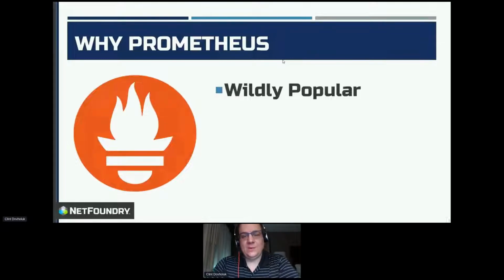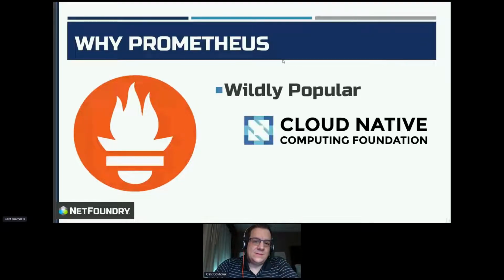So it's wildly popular. And one of the big reasons that it became wildly popular is because it's under the umbrella of the Cloud Native Computing Foundation, CNCF, which you've maybe heard of, but if you haven't, you should also check them out. It's all about open source stuff that you can go take and run. Really neat organization. They have a big Slack you can check out and listen to as well.